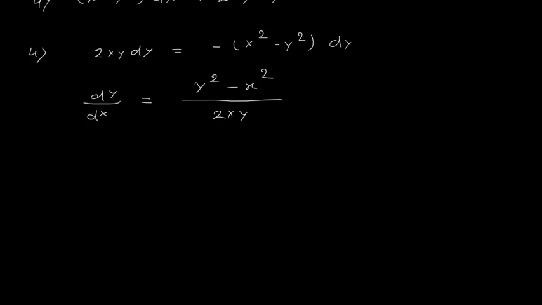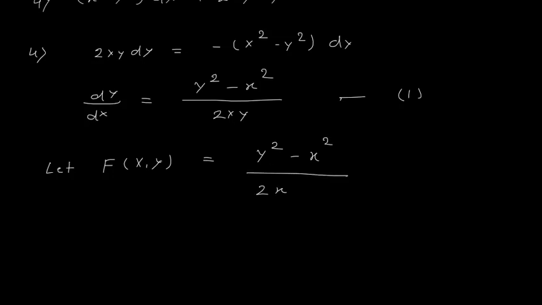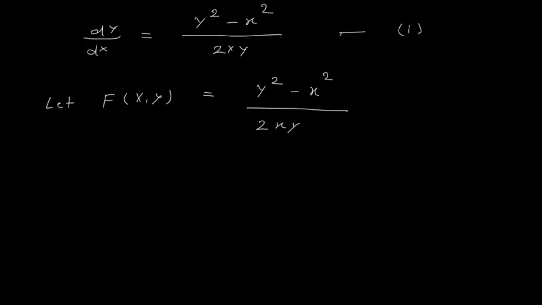So for that, let us consider this as equation 1 and then say let f of x comma y is equals to y square minus x square upon 2xy. This is f of x comma y.